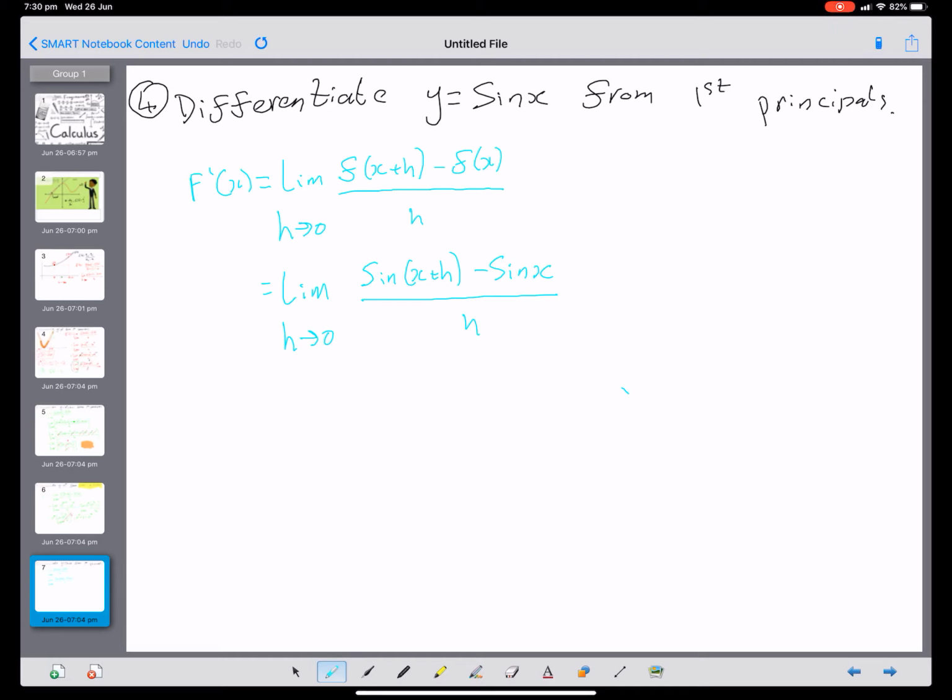Okay, so we can use our double angle formulae now to rewrite that as the limit as h goes to 0 of sine x cos h plus cos x sine h minus sine of x, all over h.